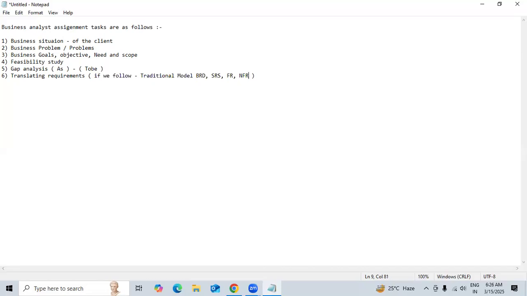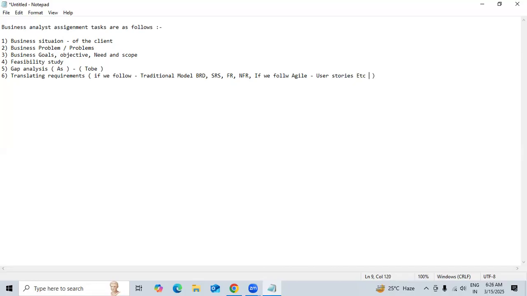At the same time, if we follow the agile way, then we write user stories, epics and user stories. All this will be written by us.